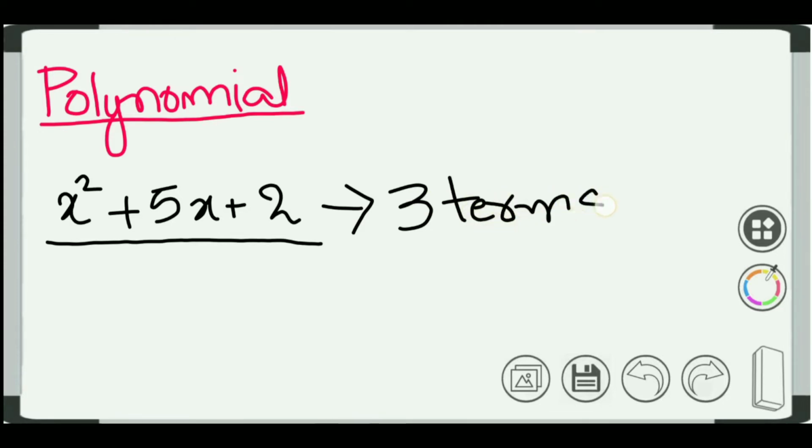It may be 1 term, 2 terms or 3 terms. You can see a non-zero coefficient here, 5, and also a non-zero coefficient 1.